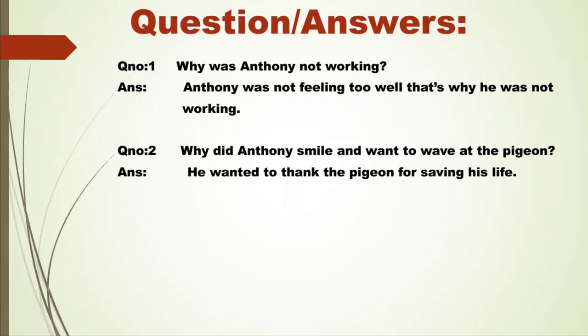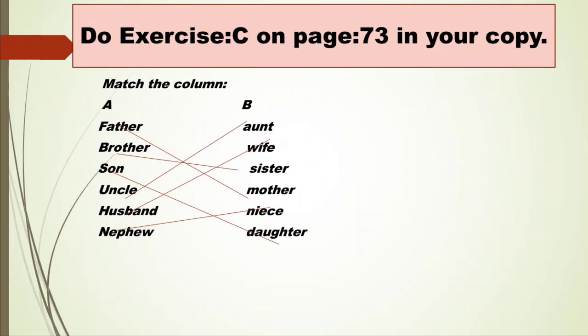I have given you just 2 questions, so you have to do it in your English A copy in a very neat and clean handwriting. Firstly, you have to write it in your copy, then you have to memorize it. Now, move to the next slide. We have an exercise C on page number 73 regarding unit number 11, the pigeon and the ant.